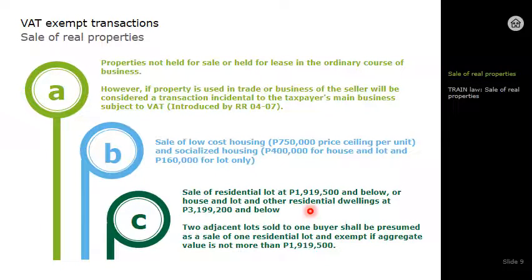What about condominium units? Residential dwelling din yun, di ba? Residential condominium. Nagbebenta ng residential condo. Anong threshold ang gagamitin mo? Ito yan. Yung 2.5 million dito, yun din ay i-apply mo sa residential condo. So, just to give you an example, let's say for example, yung upper middle class na market ng, let's say, Mega World, nagbebenta ng condominium.